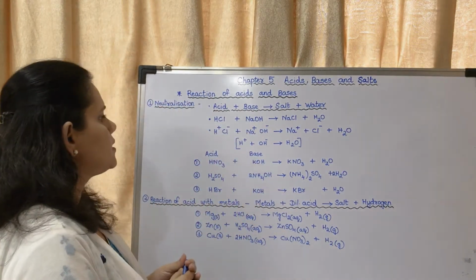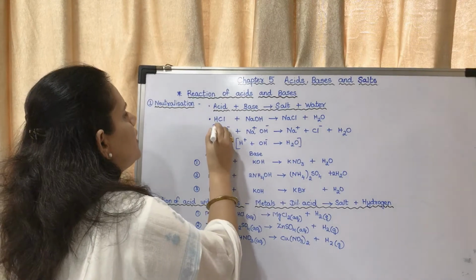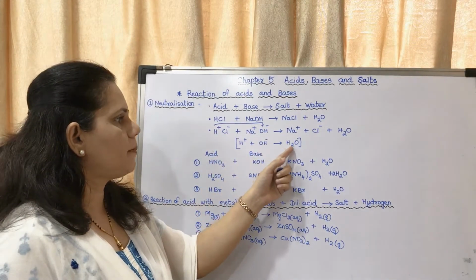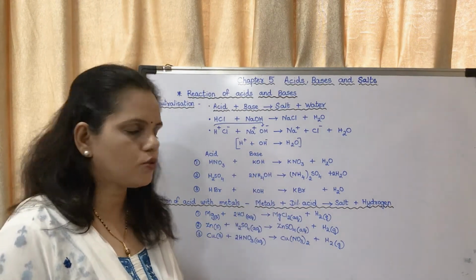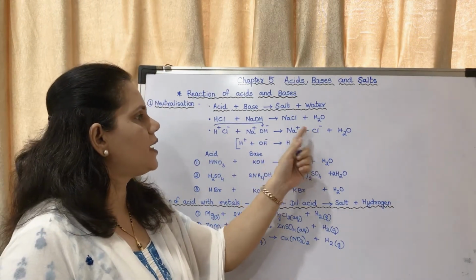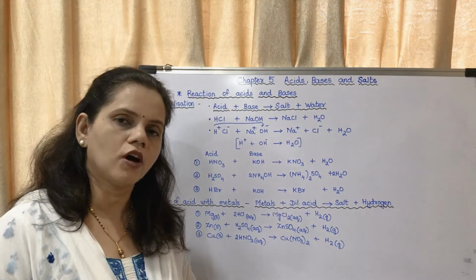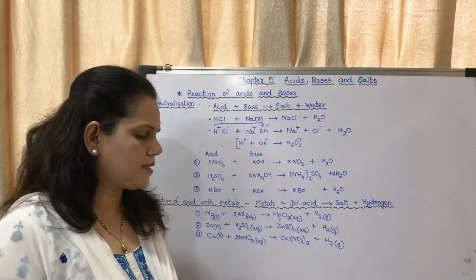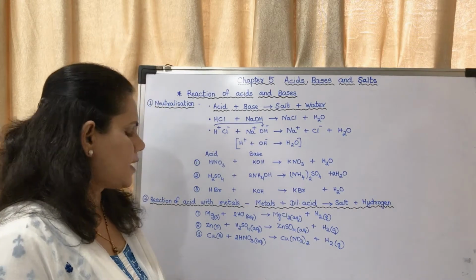Now this H plus and OH minus will combine together to form H2O, and Na plus and Cl minus will combine together to form NaCl. This is the reaction which has been given in the second paragraph.